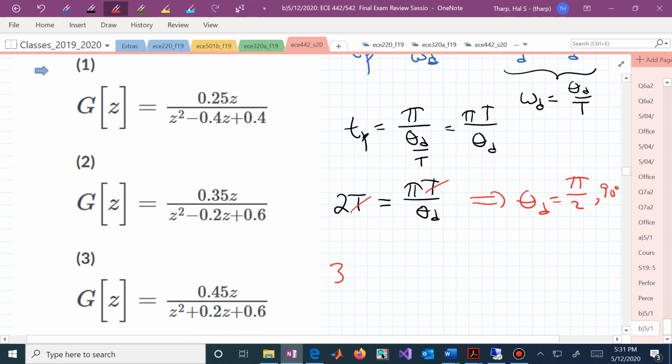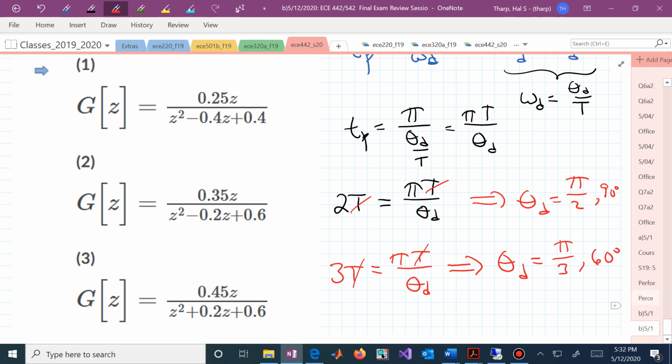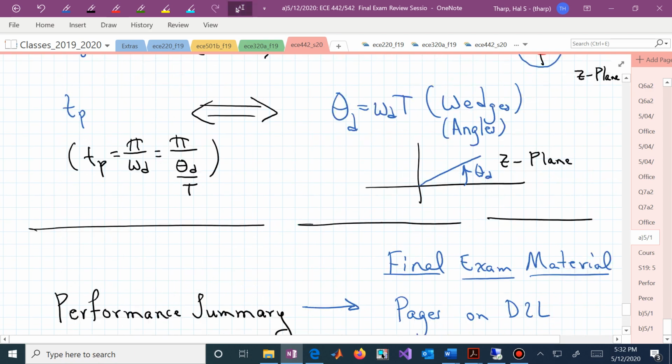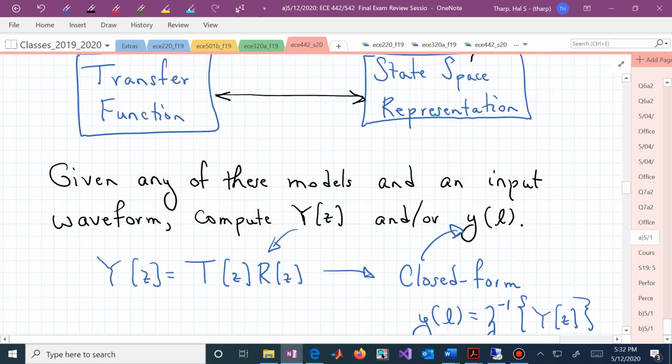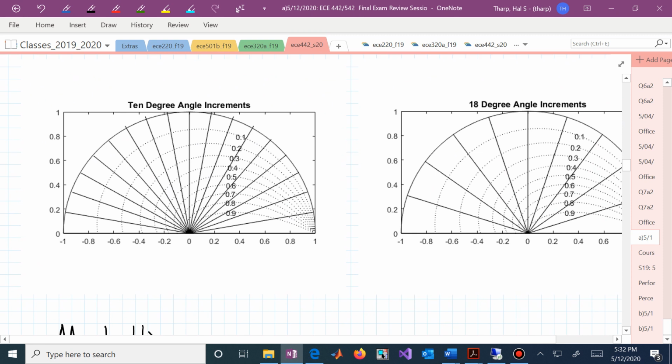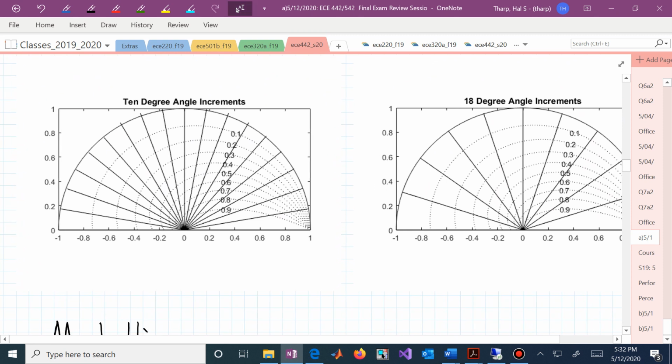If we actually had a 3T time to peak, now our theta sub d, canceling the T's, is going to be pi over 3, or 60 degrees. Which one do I want to use? Maybe I go all the way back here and say you need to have available to you something like this. Now we said that we are somewhere by 0.3.